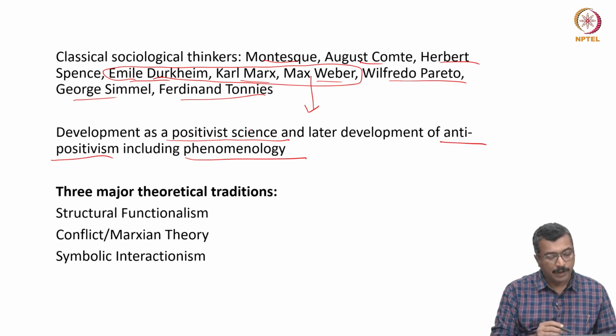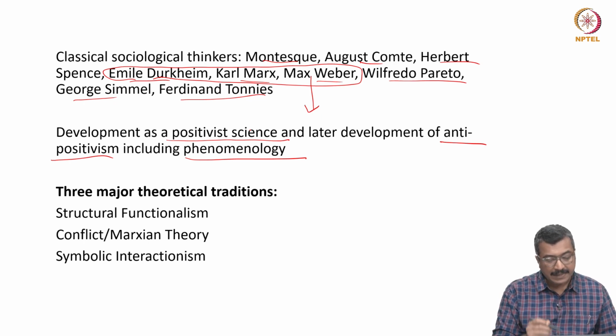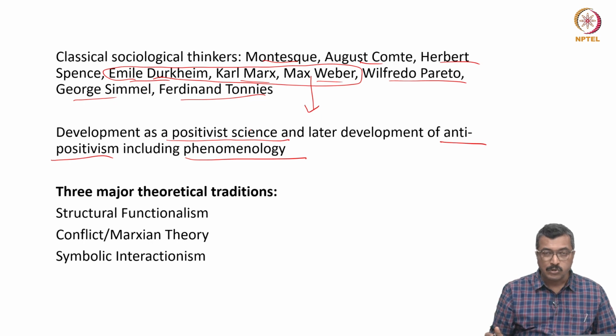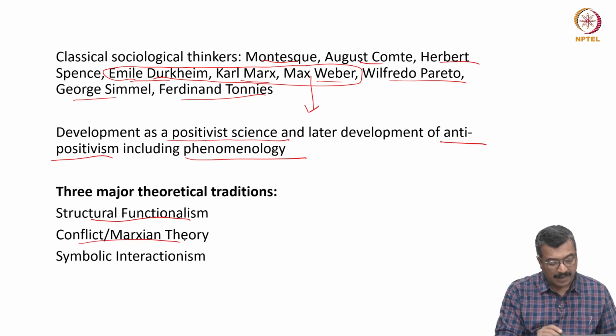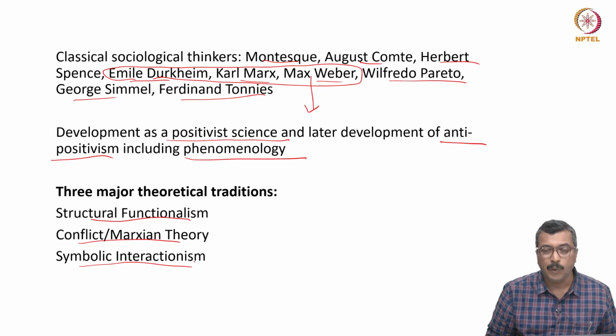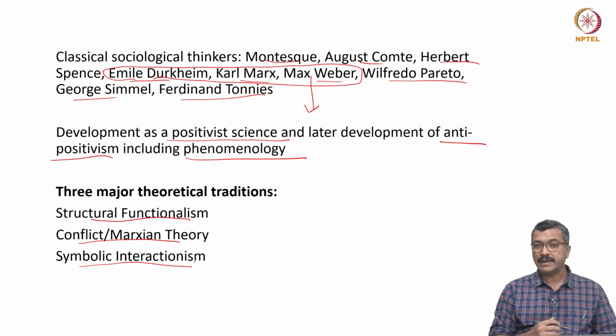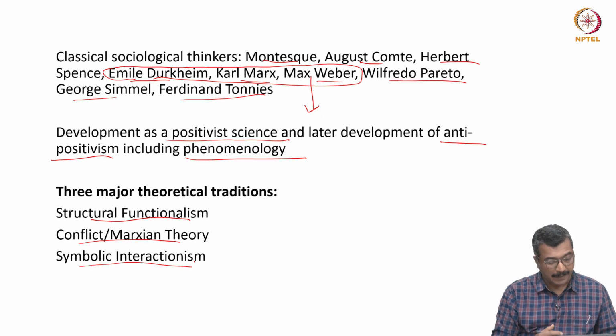And when you look into the important theoretical traditions, you will find three major schools of thought. One is structural functionalism, second is conflict or Marxian theory, and third is symbolic interactionism. Again, I am not going into the details because that requires quite a lot of time and effort to explain each one of them.